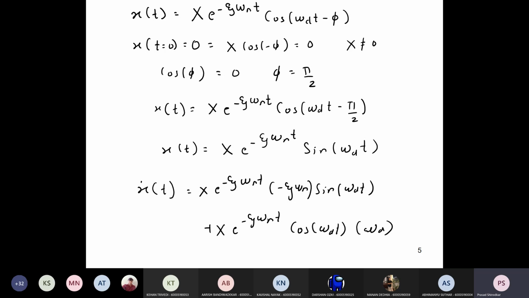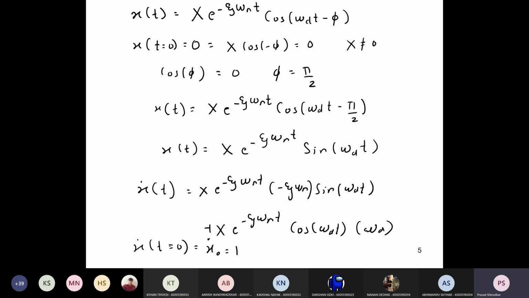And what is the initial displacement given? Oh, sorry, initial velocity, what is given? So 1 meter per second. So x dot at t equal to 0, or I also write it as x0 dot, is 1 meter per second. Substitute t equal to 0 in this equation.